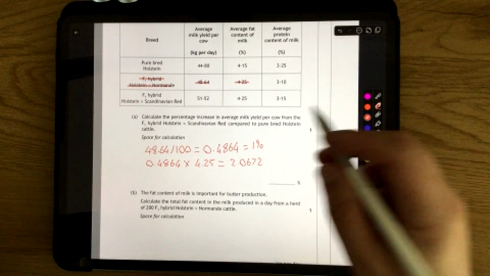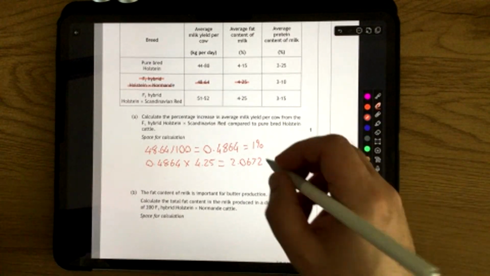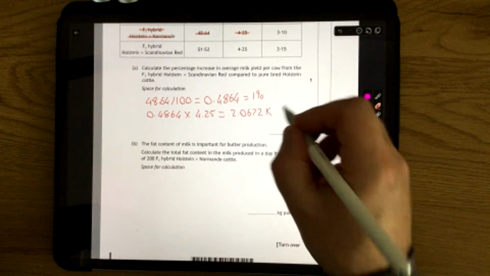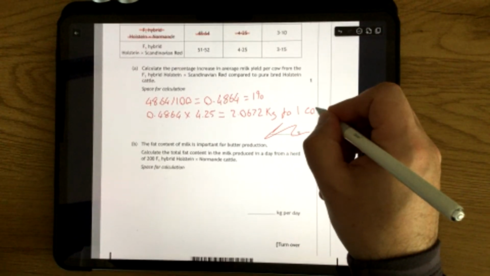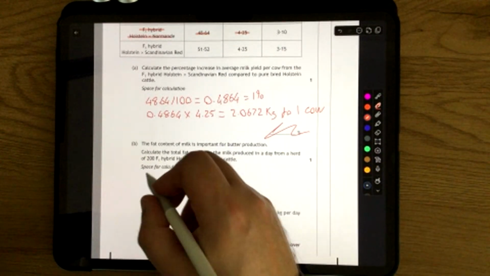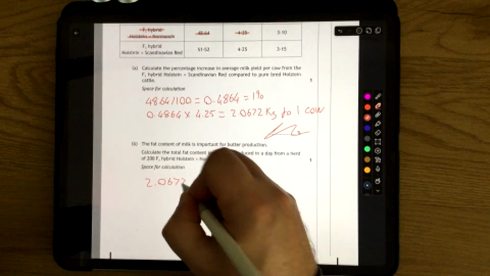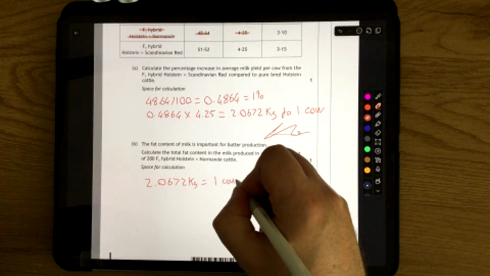Okay, and then that is the kilogram yield for 1 cow. 2.0672 kilogram equals 1 cow.